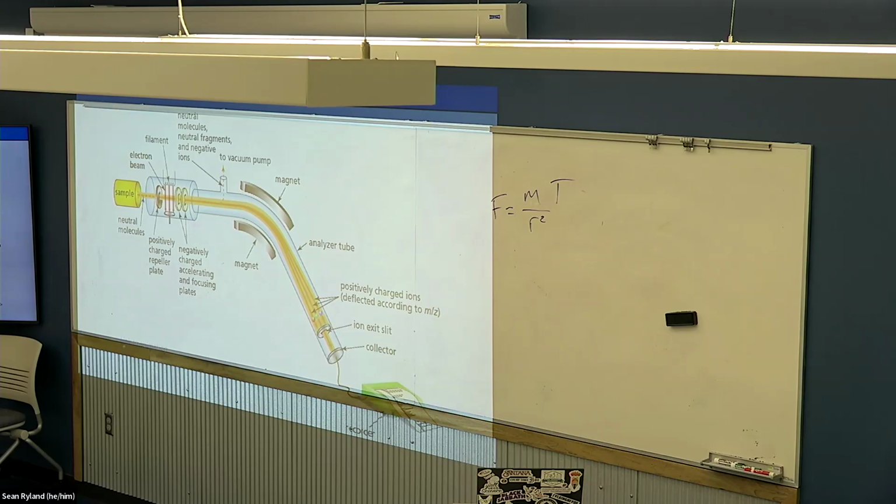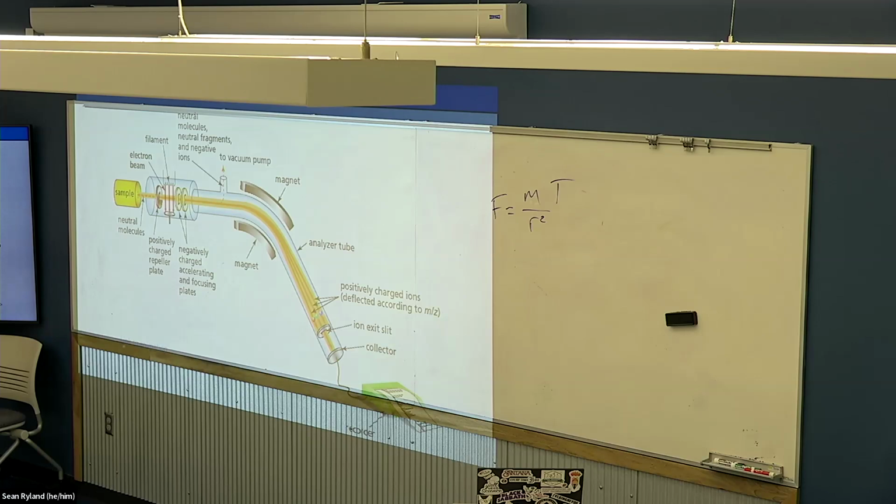If we keep a constant magnetic field, some things get accelerated too much and wind up hitting the edge over here, and those are the things that were too light. Things that were too heavy don't get accelerated enough and wind up running into the wall on the other side. Things that are just the right weight, the Goldilocks weight, wind up curving just the right angle, going through an exit slit and hitting a detector.